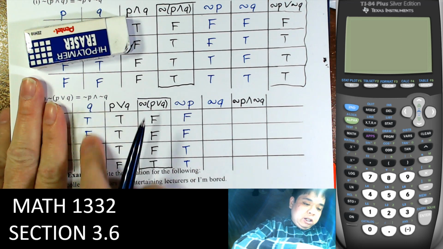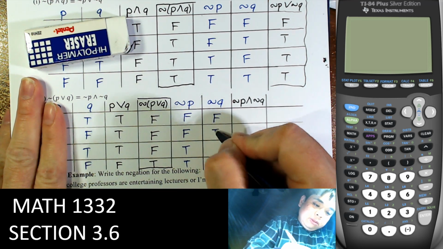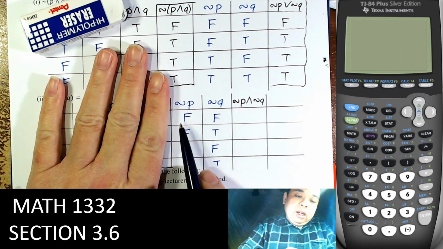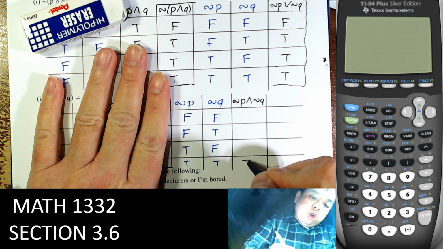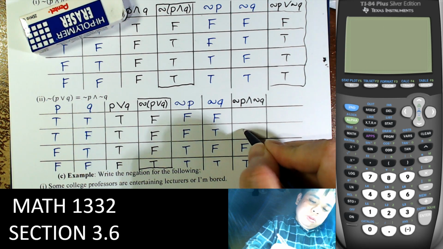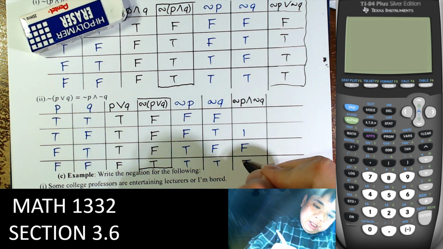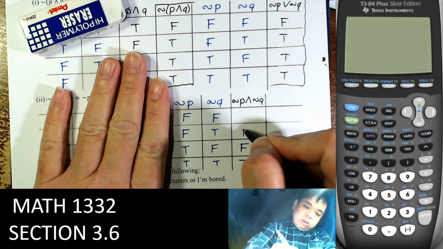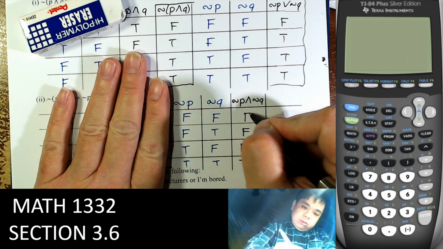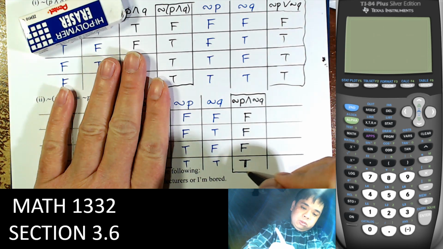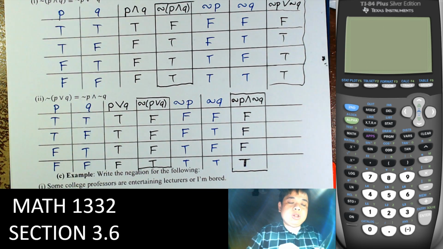And now this one will turn opposite to that. Now the conjunction. This is only true when both of them are true, everywhere else false. And as you see, those two columns are identical, so they are logically equivalent.